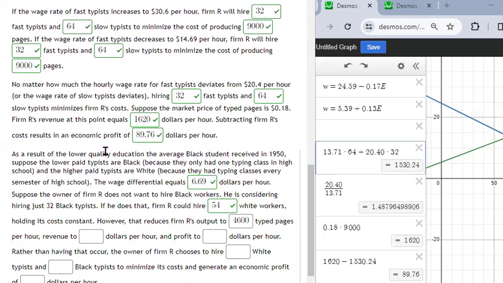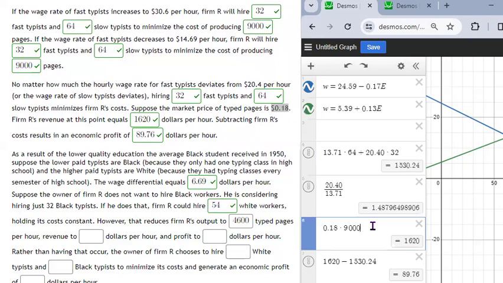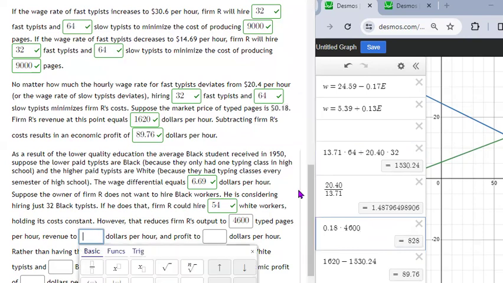What is revenue? Well, remember the price was 18 cents per page, right? So what happens to revenue? Now we're only producing 4,600 pages. So revenue's $828.